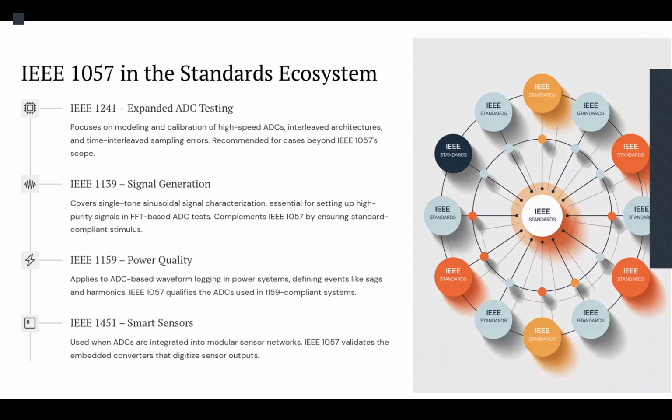IEEE 4051 discusses smart sensors, and it is used when ADCs are integrated into a modular sensor network. So it is important that we know the complementary standards for IEEE 1057, and we might need to apply those standards too.